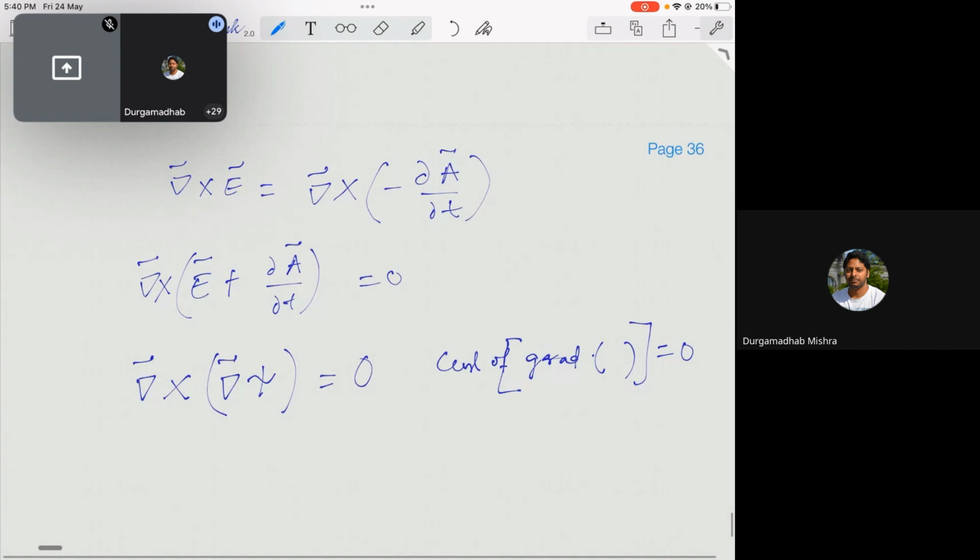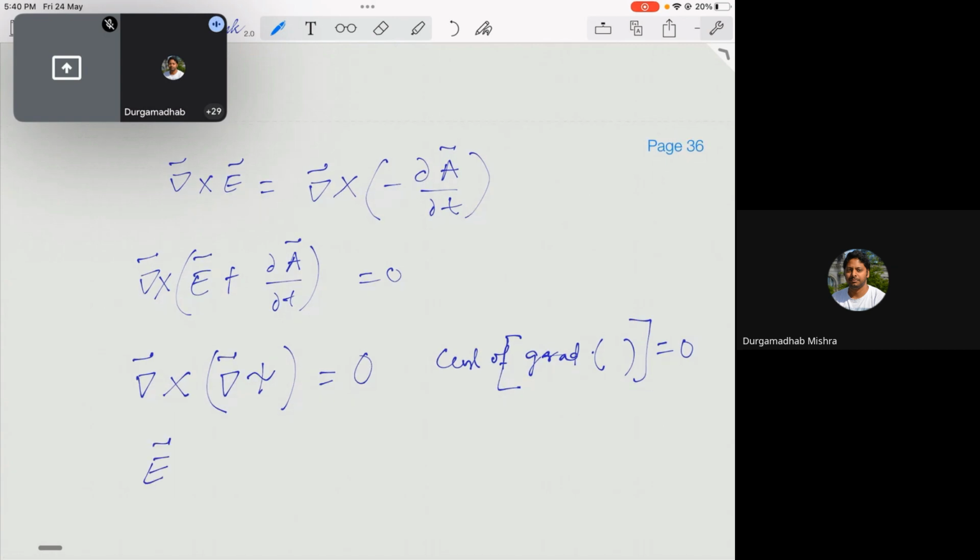So that means I can express this term here. I have a vector term here, which is under a curl, so I can write this term as the gradient of some other scalar function. What I am doing is using this identity, and I am saying I can write this vector as the gradient of some scalar function, psi or phi, whatever you want to write. And I will write a minus sign here.